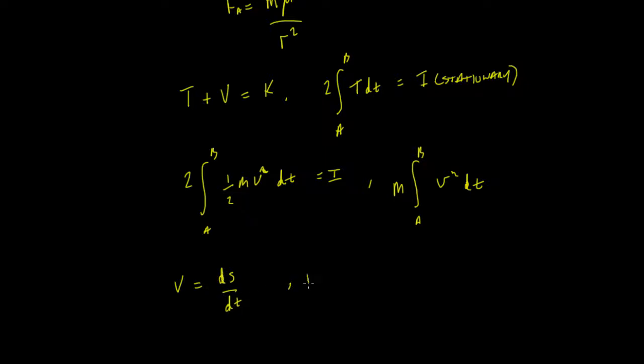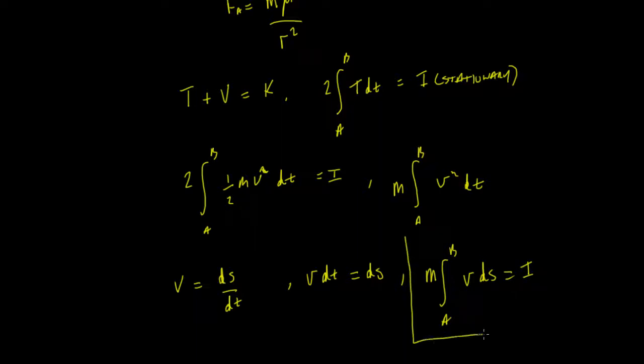So we can write v dt equals ds. Putting this into the equation, we've got one v from here and also the dt, so we'll be left with one v and a ds as well. So we have m times the integral from A to B of v ds, and that equals our value of I.